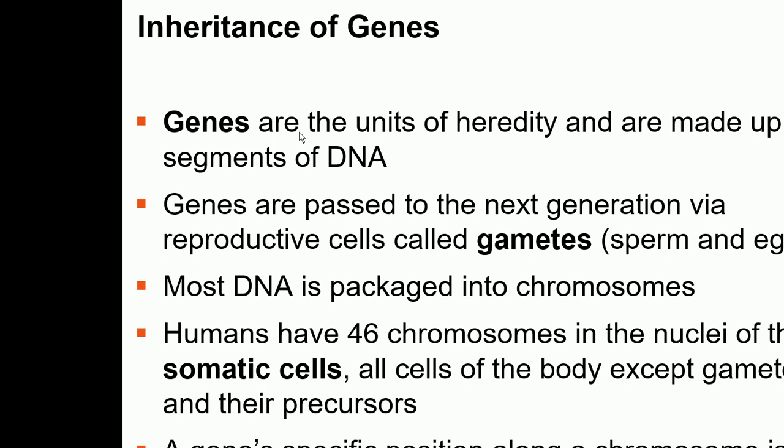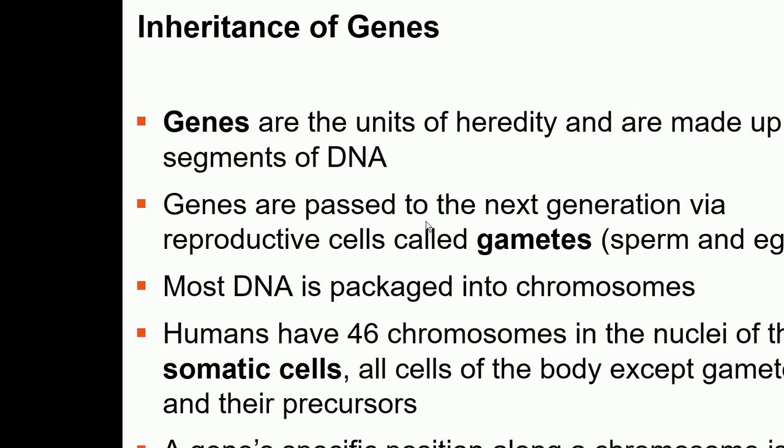Chromatin is a dense mass of DNA wrapped over proteins, and when the cell is not dividing, the DNA in the nucleus is present in the form of chromatin. When the cell starts dividing, this chromatin gets condensed and takes the shape of chromosomes. So these genes are present on the chromosomes, and they are made of DNA wrapped over proteins.